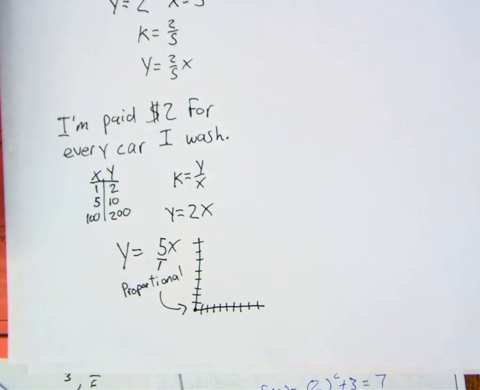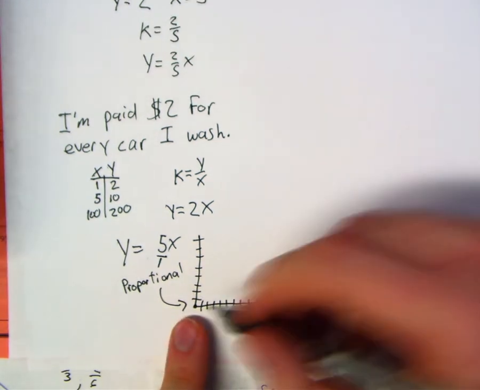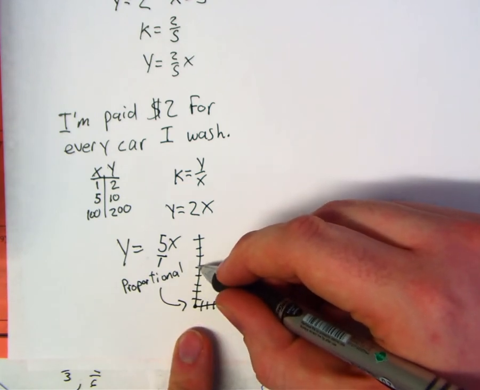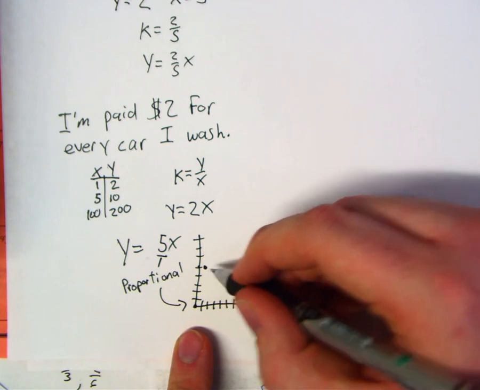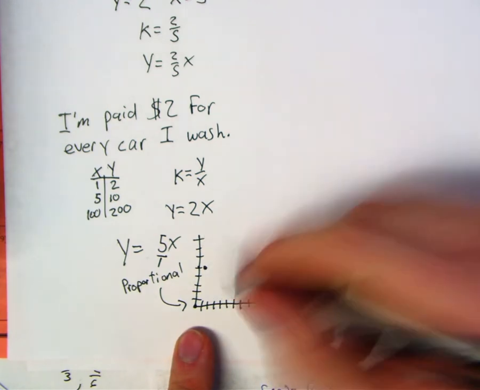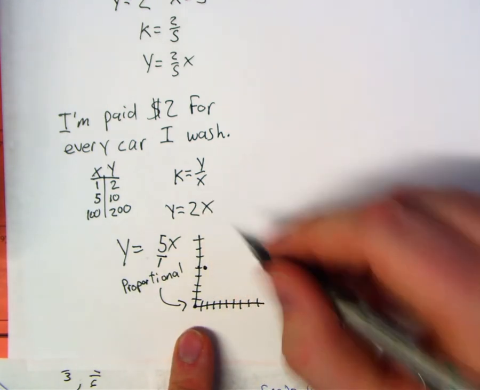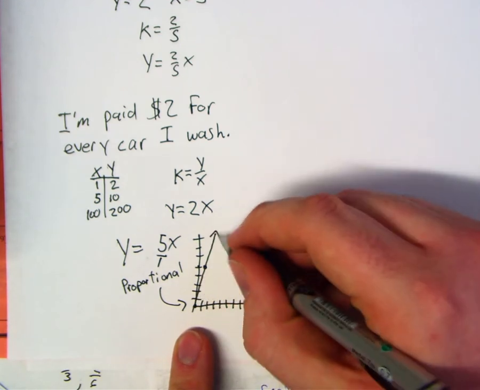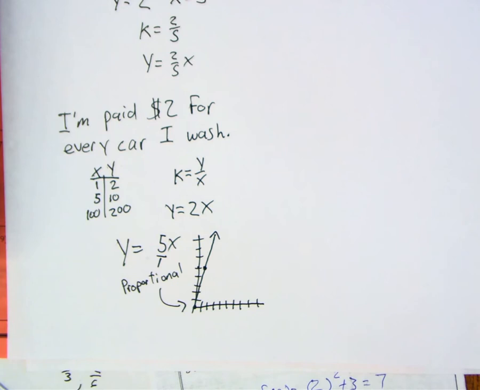That way, I've got a nice k that gives me a fraction, so I know how I'm going to move. I start with my y and I go up 5: 1, 2, 3, 4, 5. Then I go over 1. And if I have enough points, I can go up another 5 and then over 1. Seeing as how I only have an extra 3 points there, I will stop right there and say, okay, there is y equals 5x.